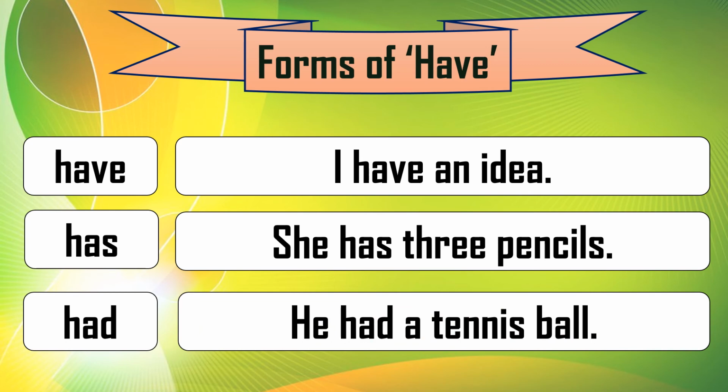He had a tennis ball. So here we have tried to frame sentences in all the forms of be, do and have. Right? So these are the auxiliary verbs, or we call them primary auxiliaries as they can stand alone in a sentence. And they can frame meaningful sentences.